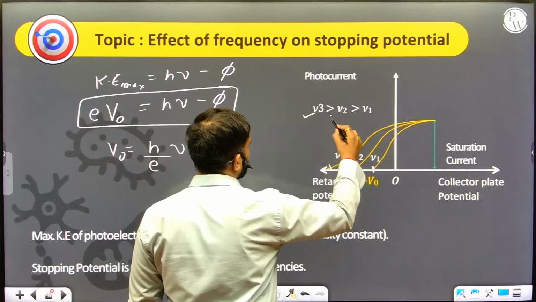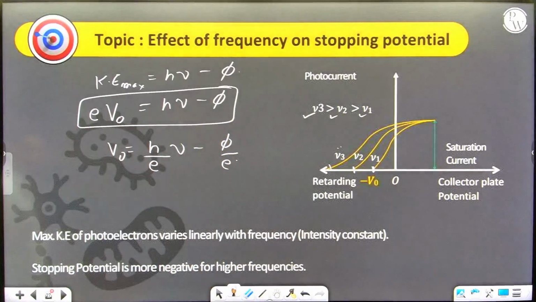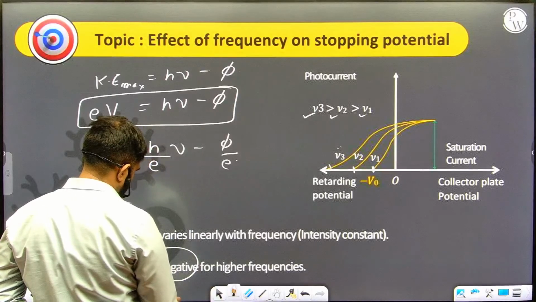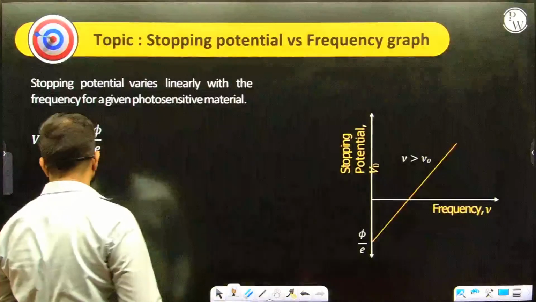So nu 3 greater than nu 2 greater than nu 1, magnitude wise. They say maximum kinetic energy of photoelectrons varies with frequency, intensity being constant. The stopping potential is more negative for higher frequencies. More negative means more magnitude of the stopping potential.